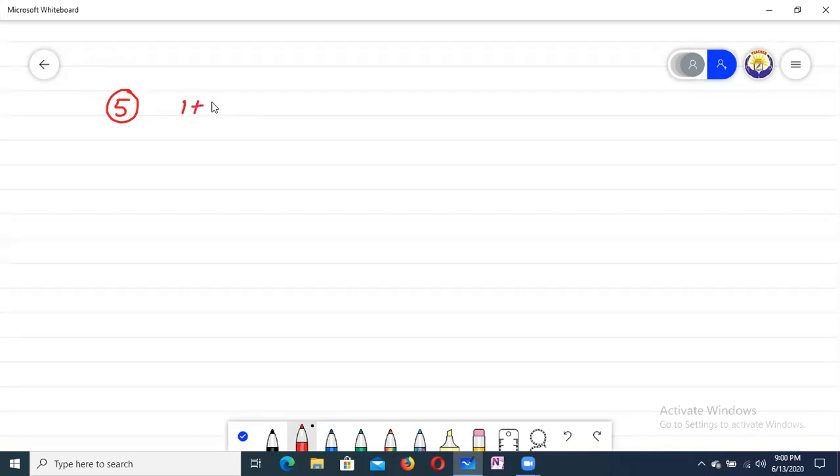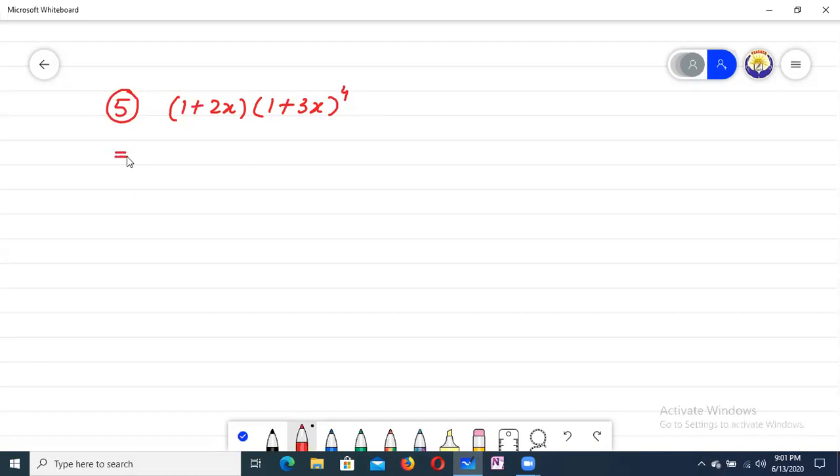(1 plus 2x) into (1 plus 3x) whole power 4. We will expand this one.